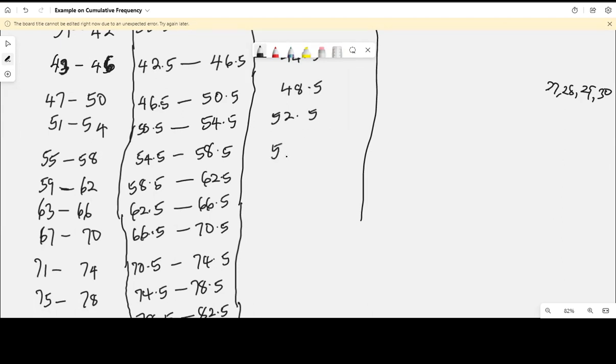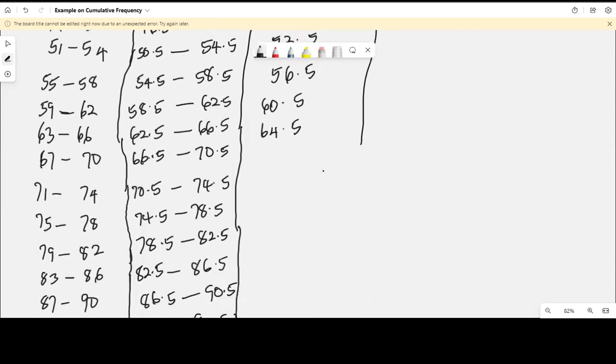Then 0.5 there. Add 4 there, we get 60.5. Add 4, we get 64.5. So the number is increasing by 4. The next one, which is here, will be 68.5. The next one will be 72.5. The next one will be 76.5.